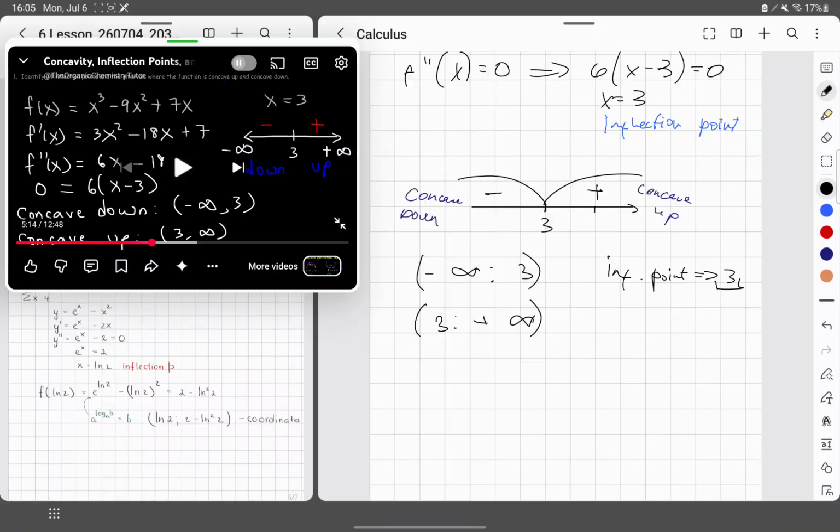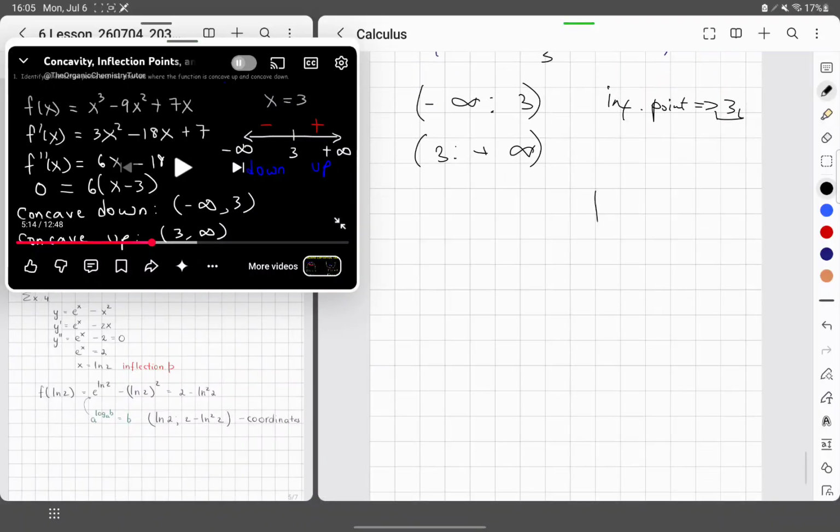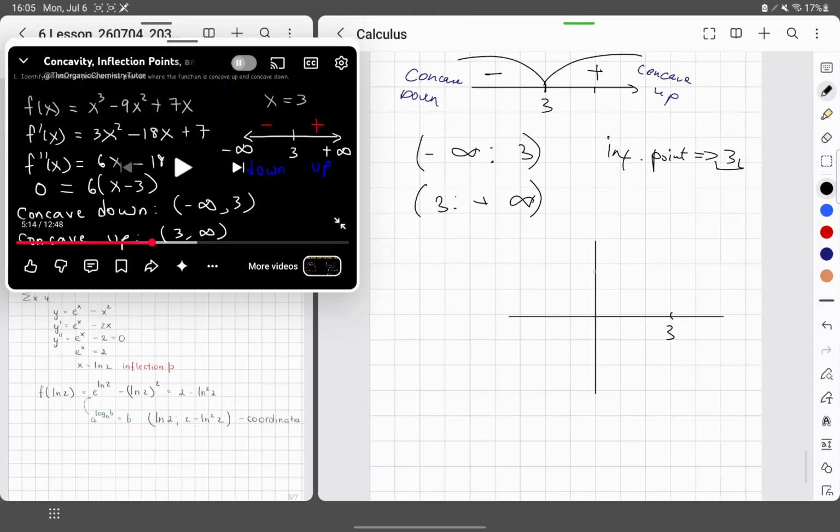By the way, I think it will be like this. Let's say we have 3, it will be concave down. What is the meaning of down? It means that it will look like this.